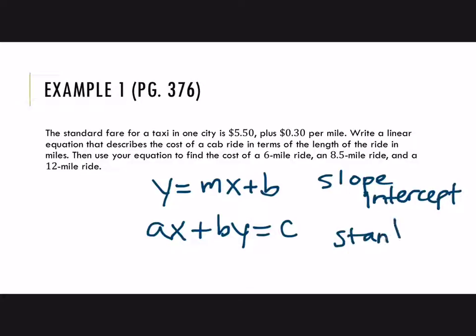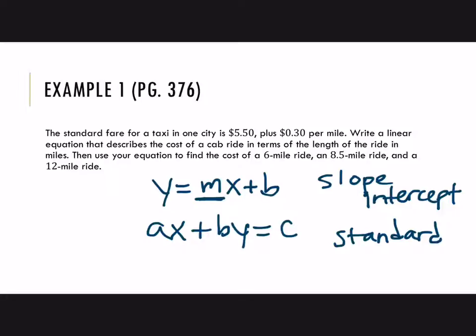You'll start to notice a lot of these problems fall into one of these two categories. If you notice that for your given information you have some sort of a rate, that's what slope is, a rate of change. A lot of times you'll have time and population, or a car driving miles per hour, so you'd have miles and time, or maybe it's earning a certain dollar amount per hour.